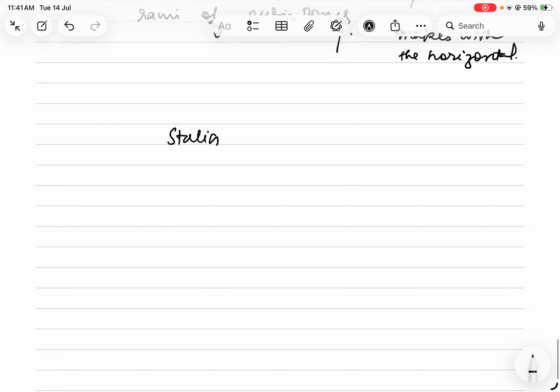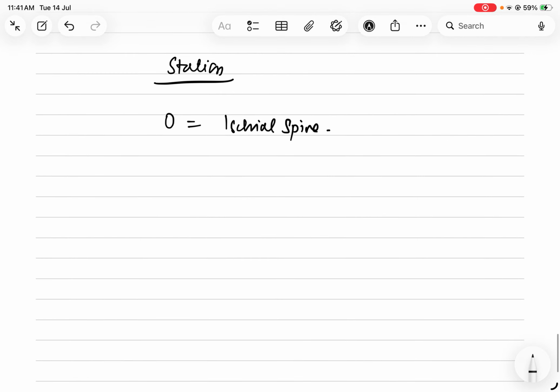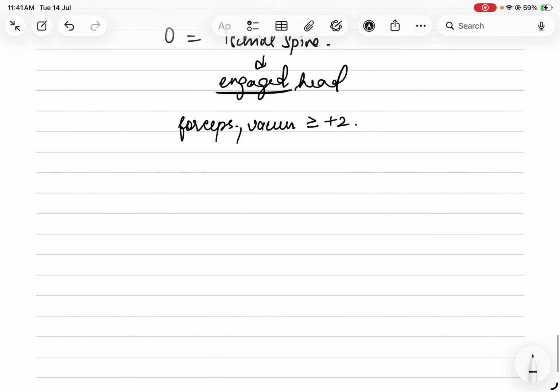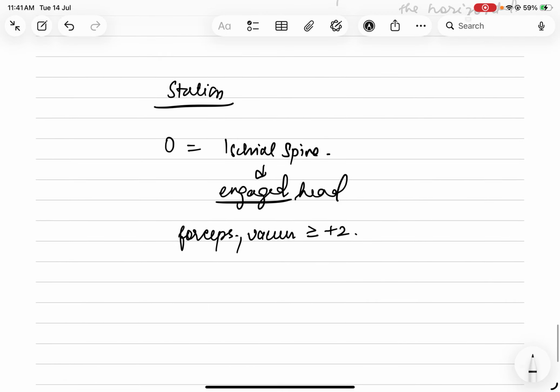Now next is station. The station is said to be 0 if it is at the ischial spine. The head of the fetus is engaged. If you want to use forceps or vacuum, the station is more than +2. Internal rotation also occurs at this level.